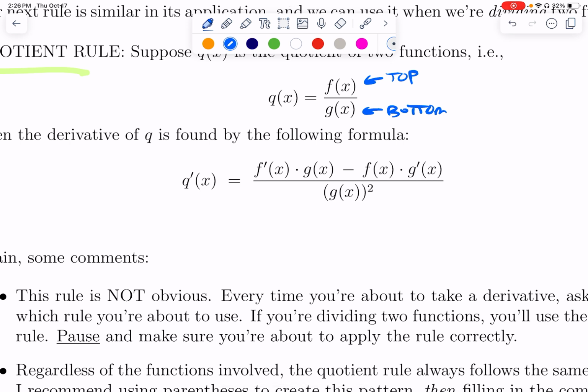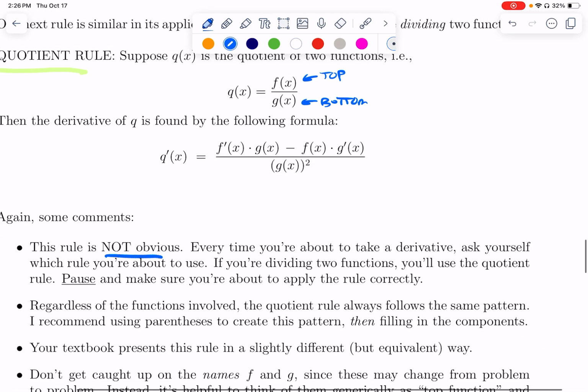It wouldn't necessarily have something called f and something called g. Right? Again, this is not an obvious formula at all. So, same advice as before. When you're doing a derivative, every time you're about to take a derivative, ask yourself, what rule am I about to use? And if you're about to use the quotient rule, make sure you're doing it correctly because it is not an easy rule.